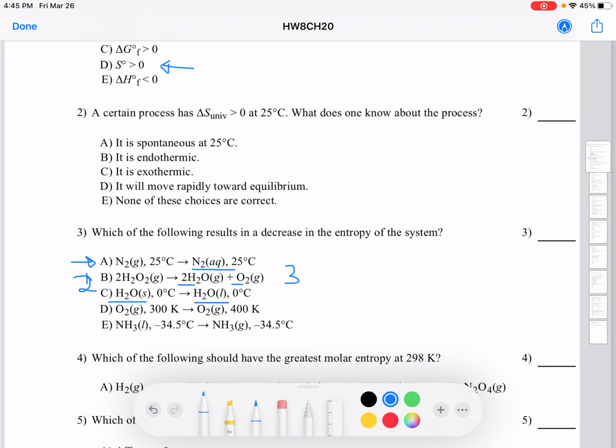So D also increases the entropy. E, liquid ammonia at negative 34.5 to ammonia gas. Again, the gas has more degrees of freedom for particle movement compared to a liquid. So the correct answer is the first one.